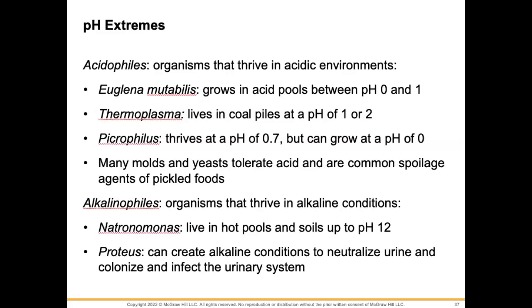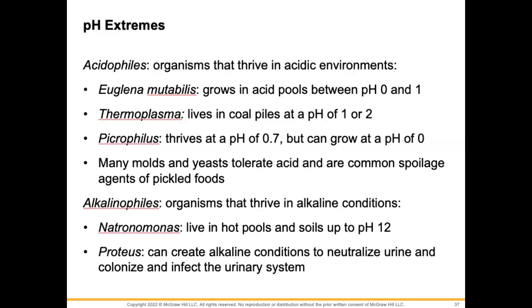These guys like acidic environments. Euglena mutabilis grows in acid pools from 0 to 1, right? That's pretty acidic. Then we have most molds and yeasts, which tolerate acid and are common spoilage agents of pickled foods.